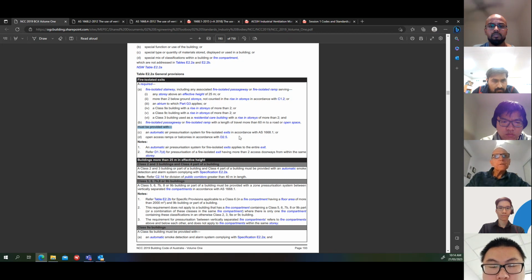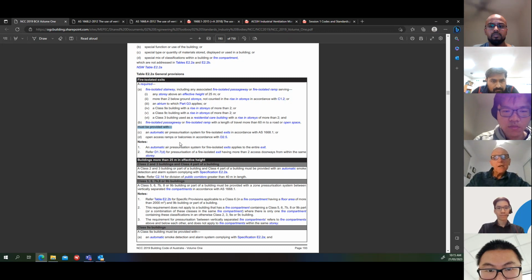So that means you've got 2 options. If a building is within A and B, it must either have stair pressurisation or an air pressurisation system or open access ramps.